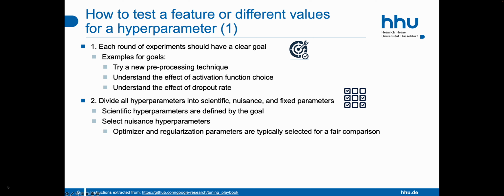In this case, our results might not give us the full picture of how we could apply dropout best for this type of model, but since we cannot test the effect of all hyperparameters at each step, we have to make such decisions where we make some parameters that could have an influence fixed parameters. So finally, we make all hyperparameters that are neither scientific nor nuisance parameters fixed hyperparameters.